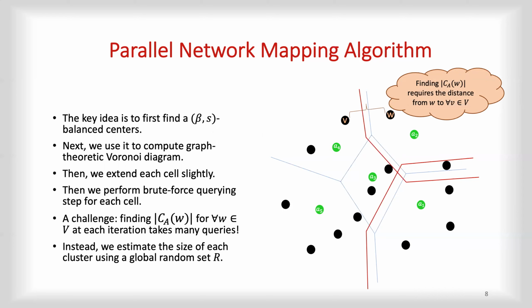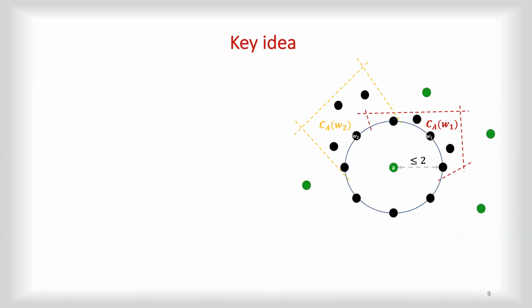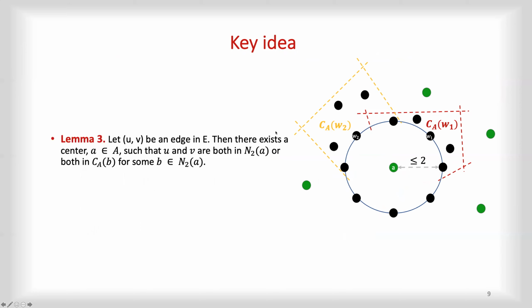We take a global random set R from the set of vertices to estimate the cluster size for each of these vertices, and we just scale it up according to the size of this sample. For more details, please refer to our paper. Just to wrap this up, I would like to provide some intuition about how we cover all of the edges.